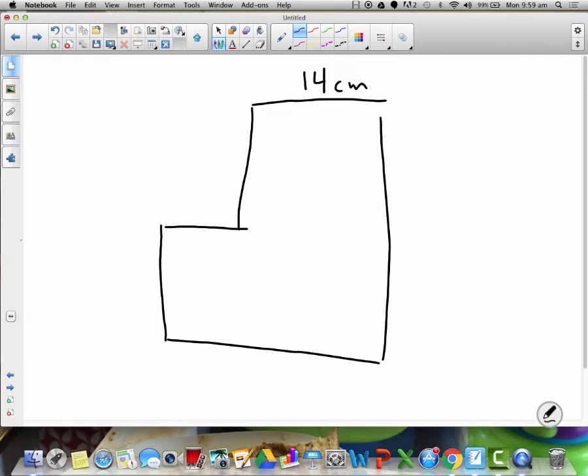Going to make this 30 centimeters. Going to make this bit here 12 centimeters. Going to make this bit here 6 centimeters.